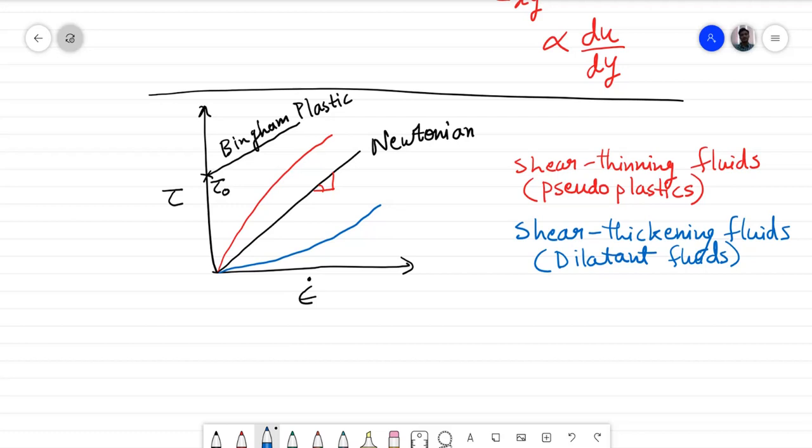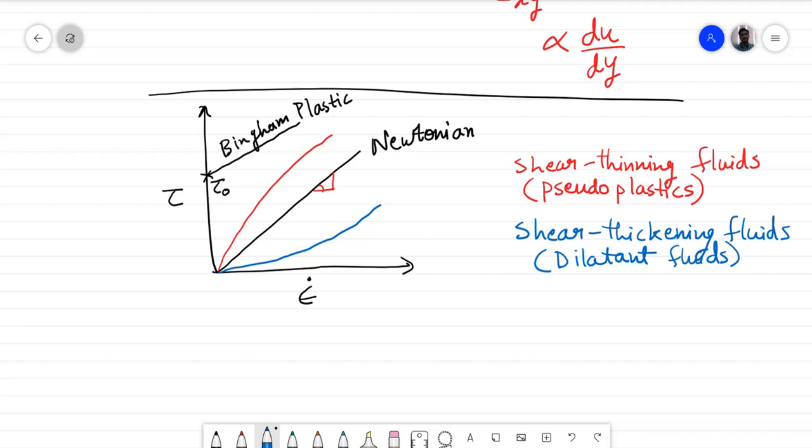If you dissolve some corn starch in water and make a paste, and you try to hit it, if you strike it very fast, it acts like a solid. But if you dip your finger slowly inside that fluid, it is very easy to do so.